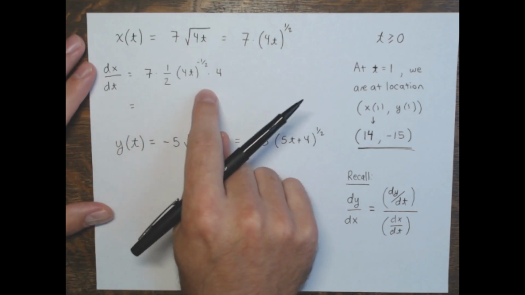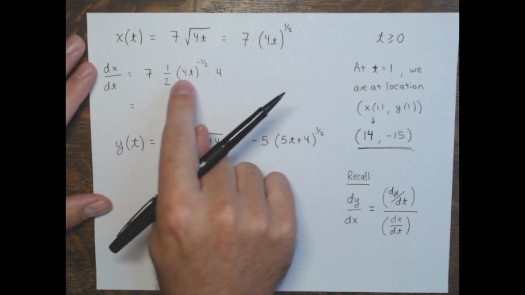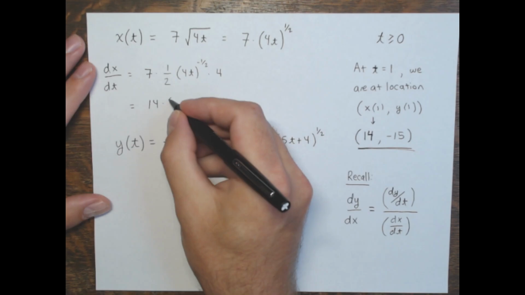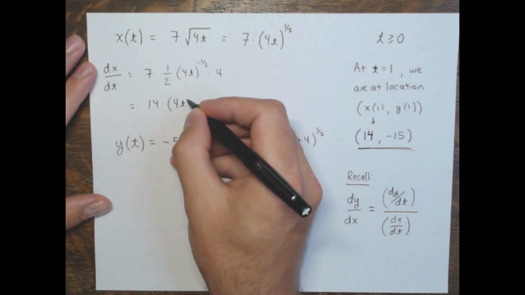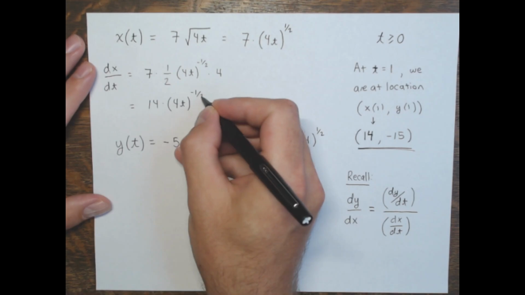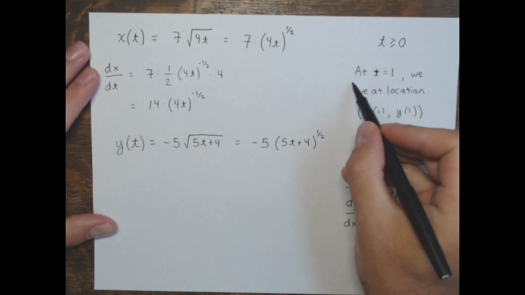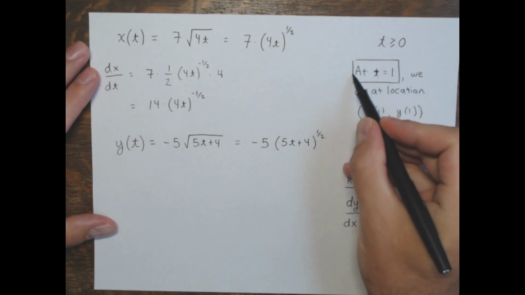If I totally simplify this, half of 4 is 2, times 7 is 14. It'd be 14 multiplied by 4t to the negative half power, which I'll leave that way, but we're going to plug in 1 in a second, because that's what we're focusing on. We're at the point when t equals 1.